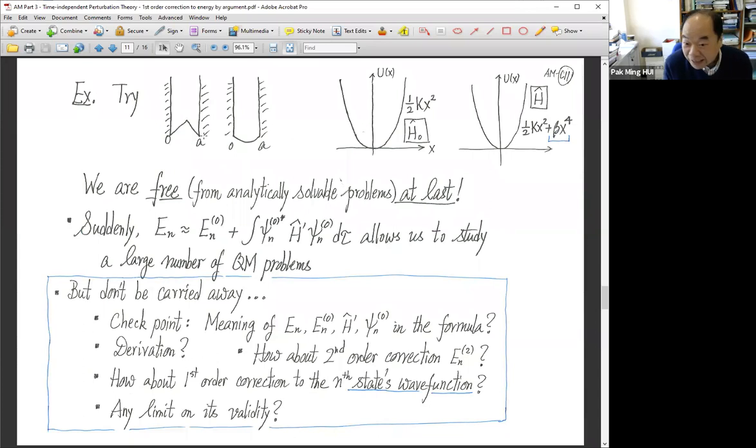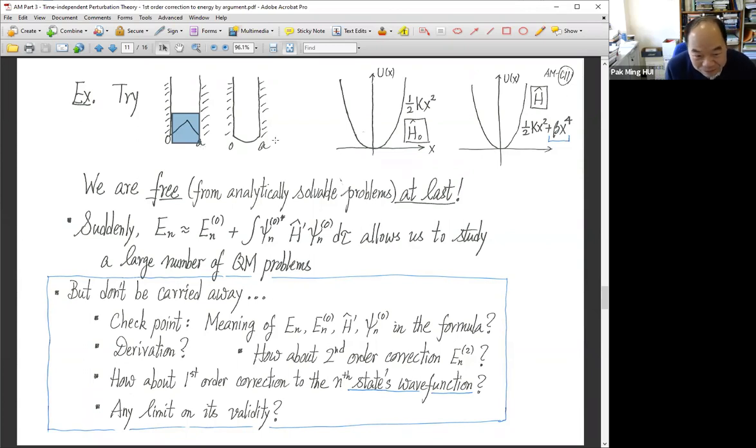So I did the easy one. You can try the other ones, okay? So how about this? It will be interesting to first give yourself a guess. You guess what it is, and then you do the first order calculation and see, all right? Try it.